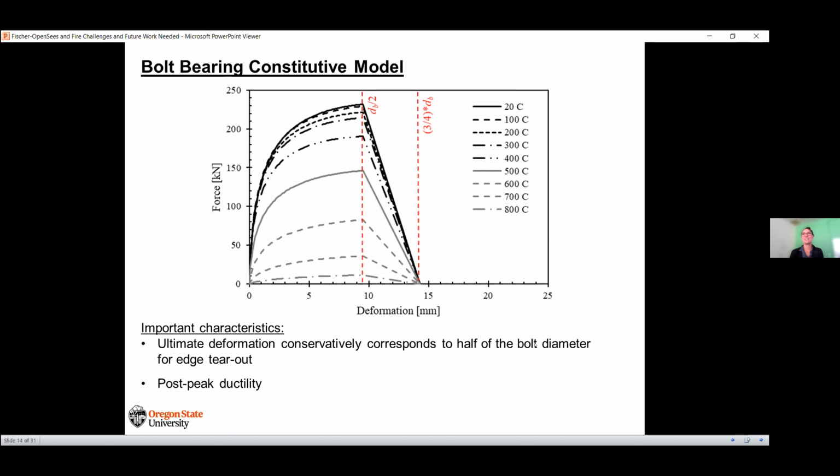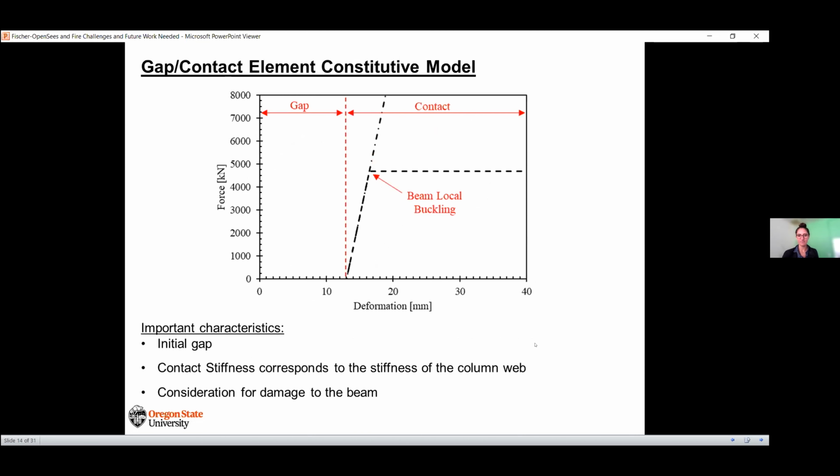Rather, they just assume that the bolt holes will continue to resist load in perpetuity, and the bolts will eventually fail in shear. But we do see tear out failure of our connections and of our plates, and so we did include post-peak behavior in this constitutive model.